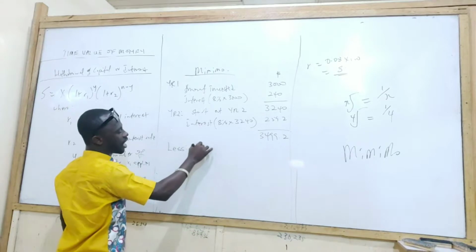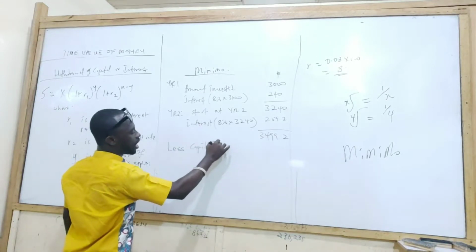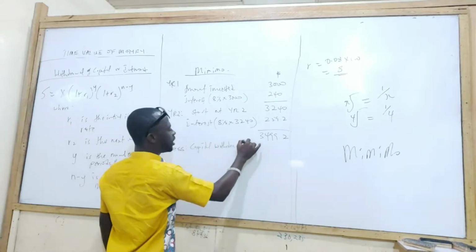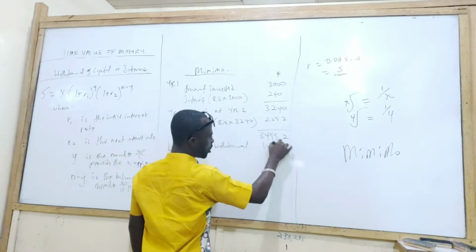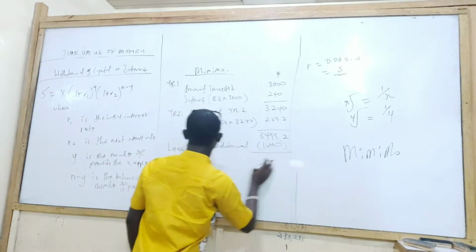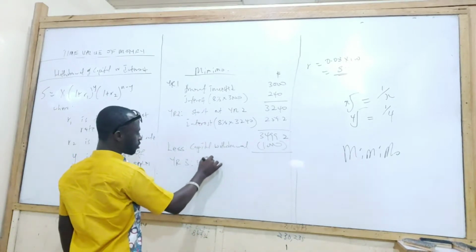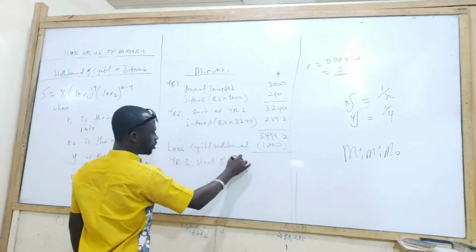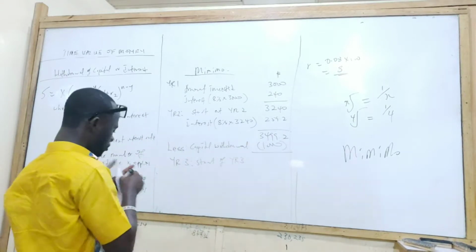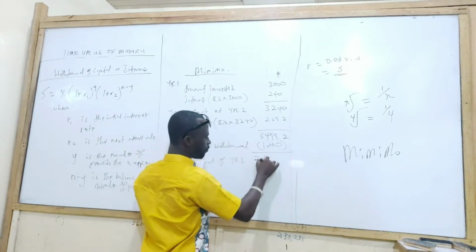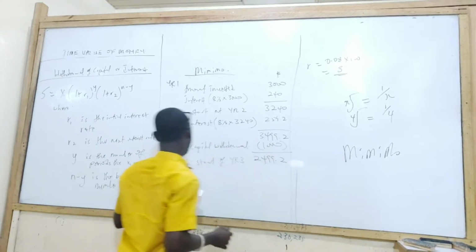So we deduct the capital withdrawal. How much did she withdraw? We take it out so that at the start of year 3, she will now have 2,499.2.